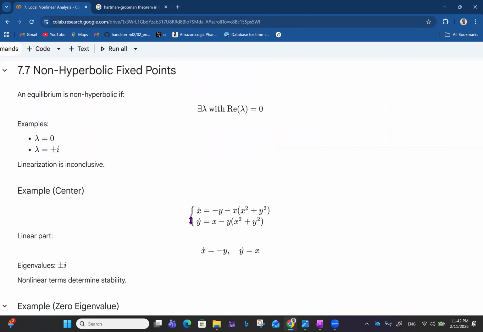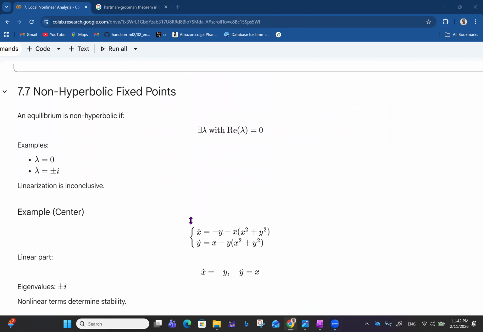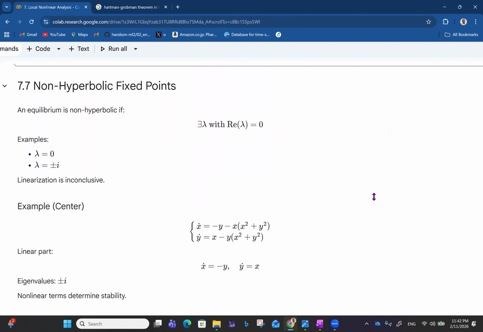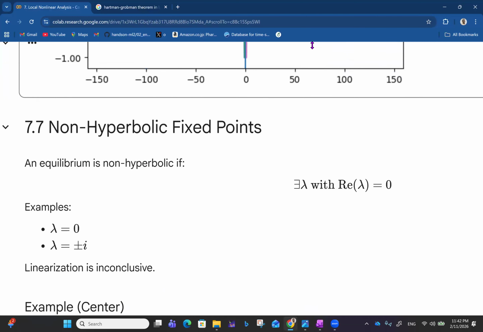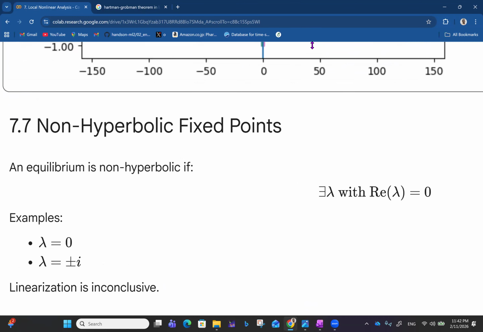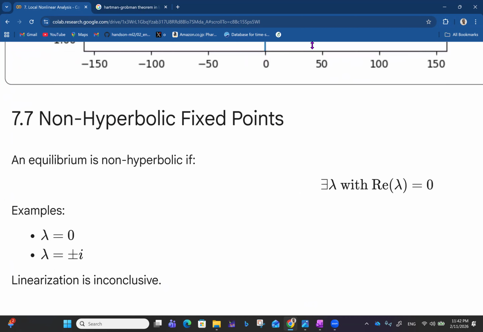And then we have non-hyperbolic fixed points. In this case, we say that an equilibrium is non-hyperbolic. We already know hyperbolic, right? But an equilibrium is non-hyperbolic if there exists a lambda with the real part of lambda being equal to 0.